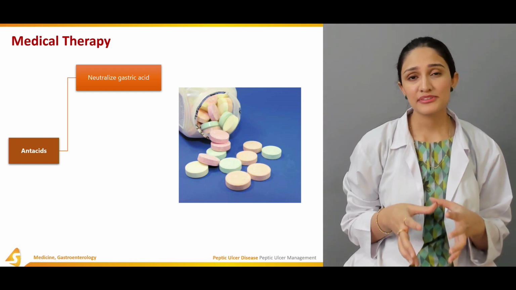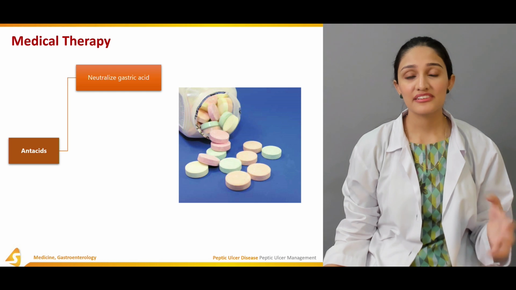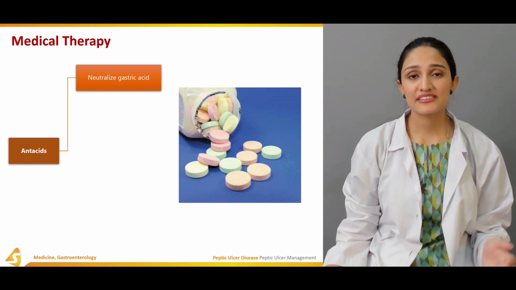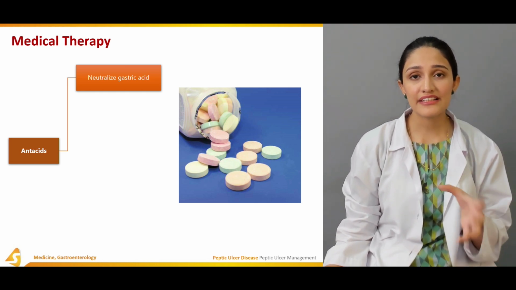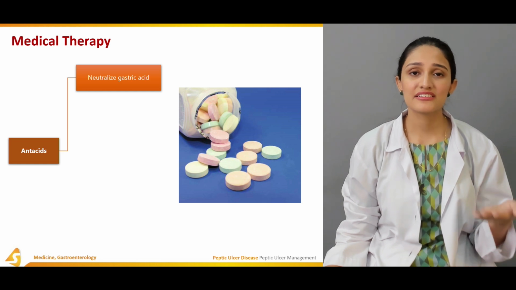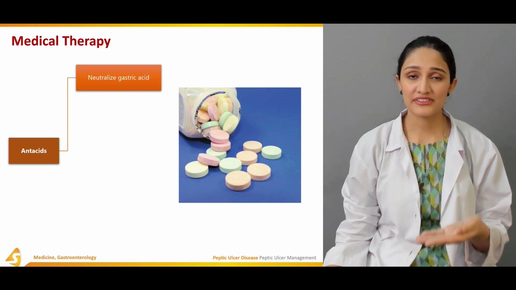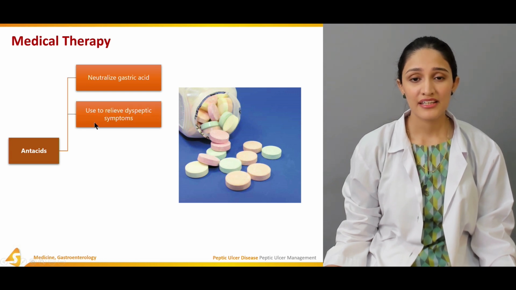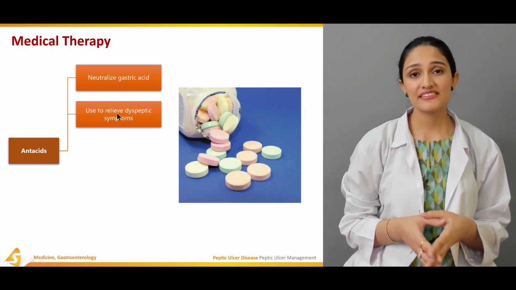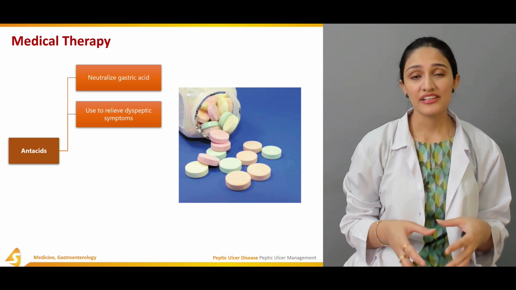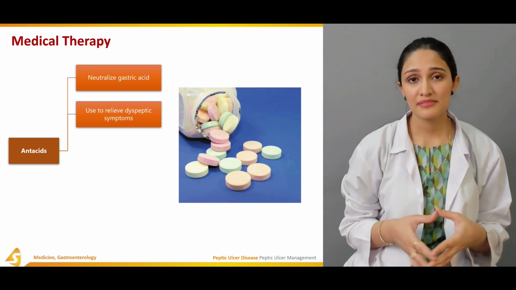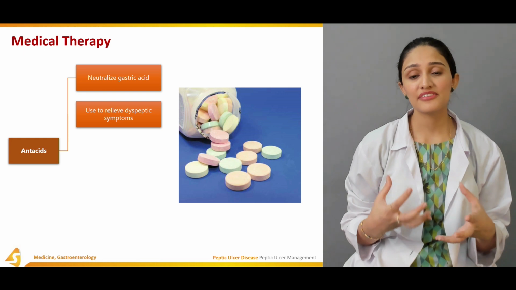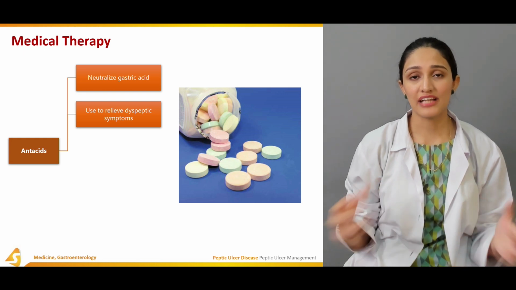The exact precise mechanism is unclear, but there's a study going on that it neutralizes the gastric acid, and this finally causes a decrease in ulcer production. This antacid is usually not given as a primary therapy, but it is given to relieve these dyspeptic symptoms.